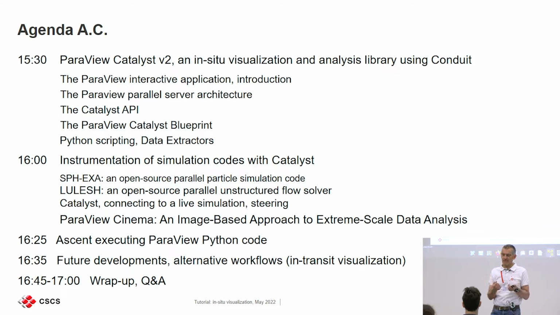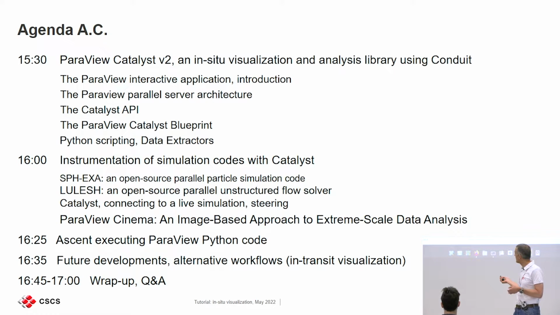So to take advantage of this, we produce a database of multiple images which we can then play back once the simulation has terminated. So Cinema is available, of course, as an interface option for the output of ParaView, but also in Ascent.